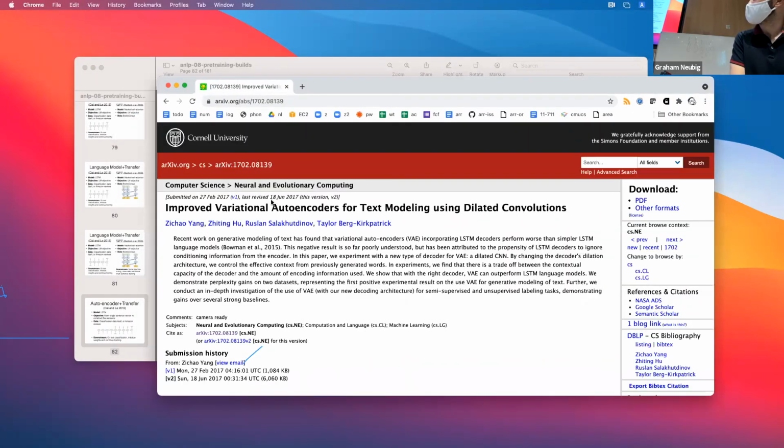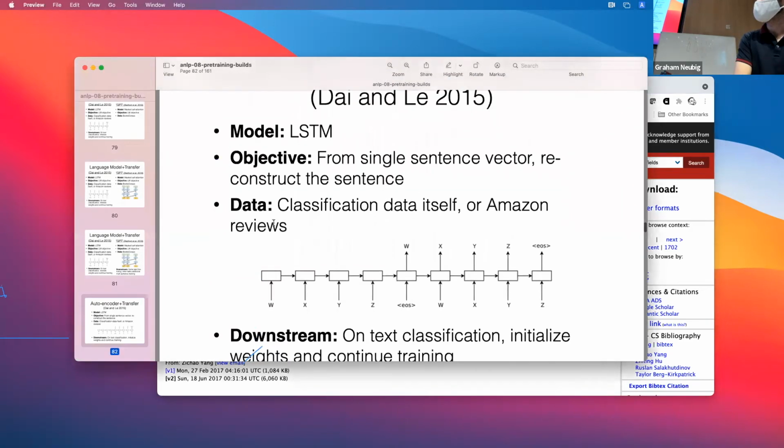This is one example: Improved variational autoencoders for text modeling using dilated convolutions. The idea behind this paper is that they took the output side of one of these autoencoder models and made that decoder weaker, and that resulted in learning better hidden representations. So that's empirical evidence that this idea is correct.